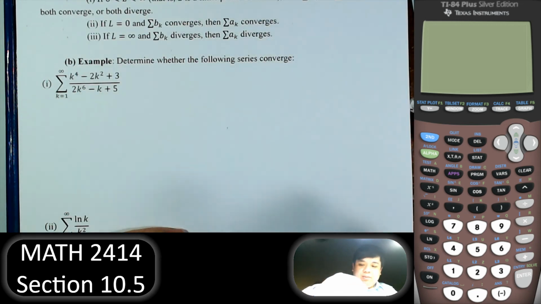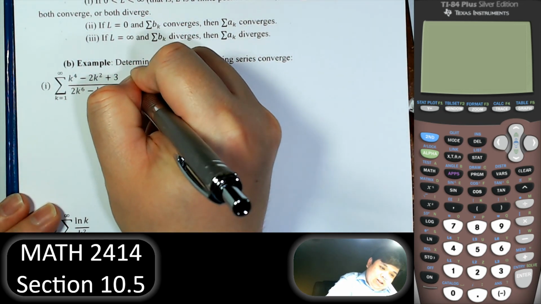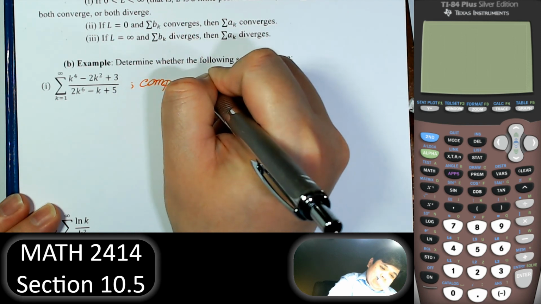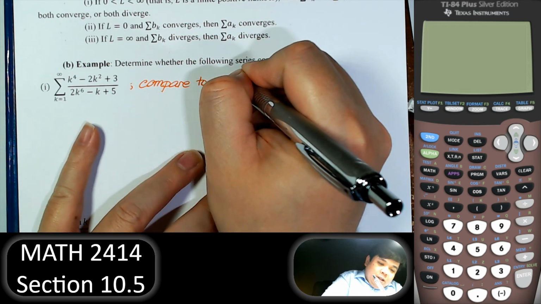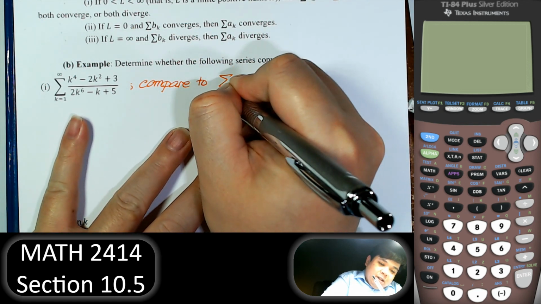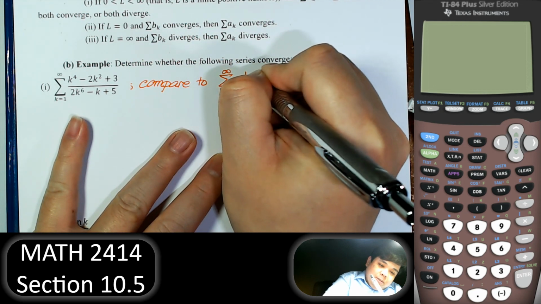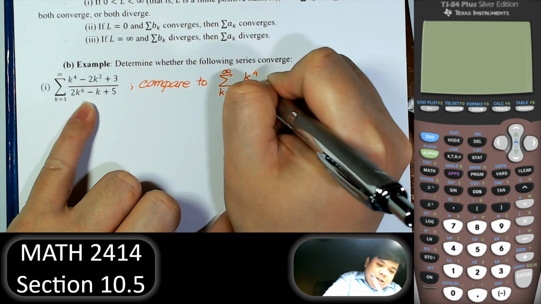So now we compare to this series: k to the 4th over 2k to the 6th.